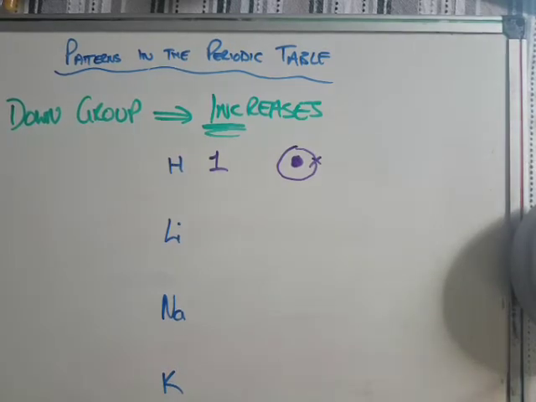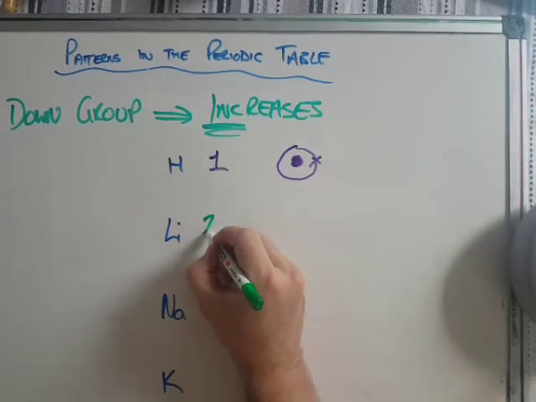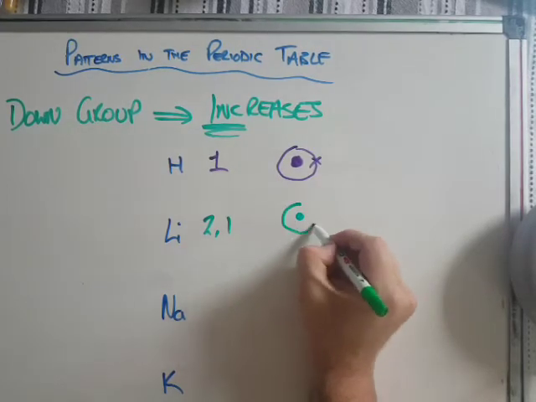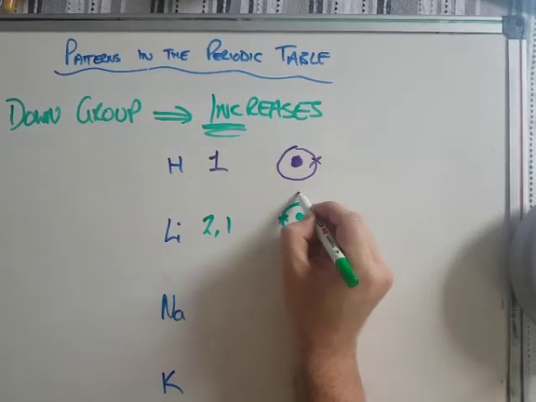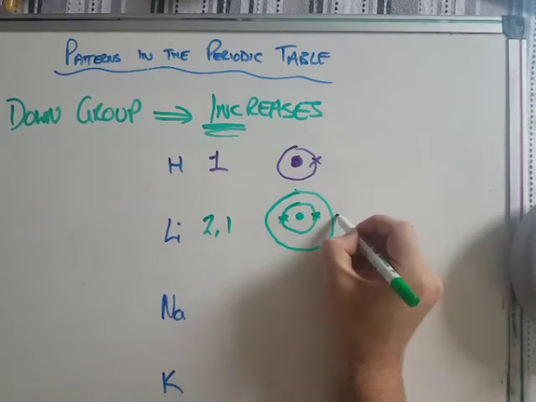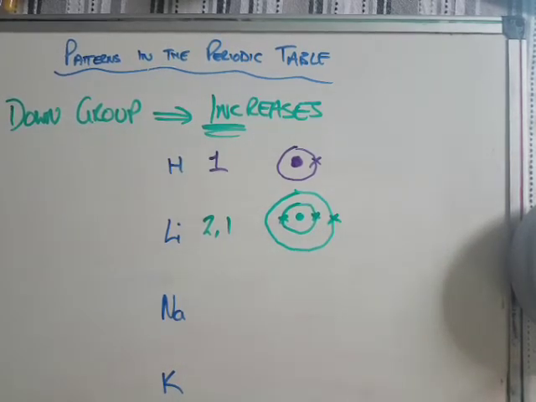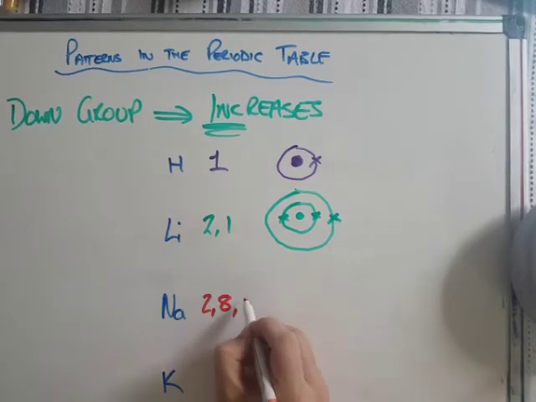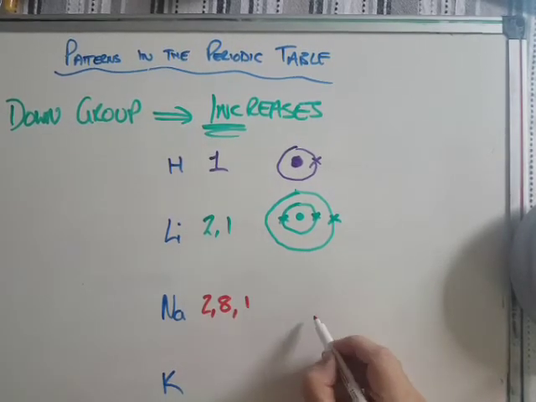Lithium, the next element down, is 2, 1. So we've got 2 electrons, then the next electron. Sodium, as we follow down the group, 2, 8, 1.